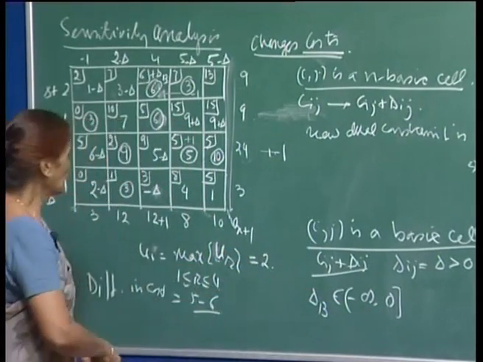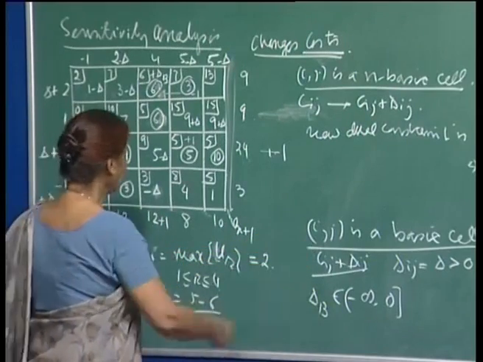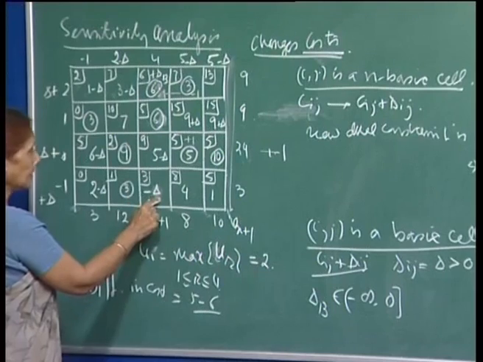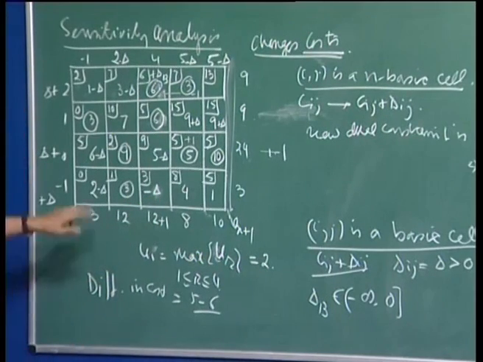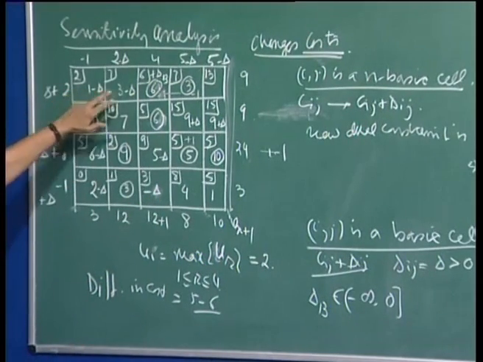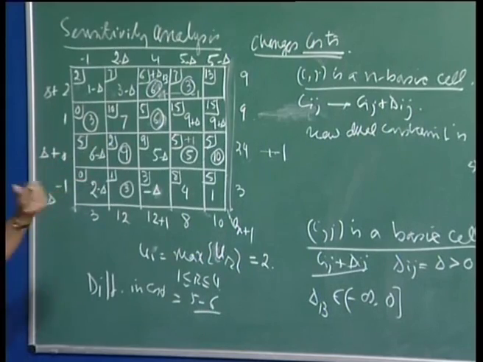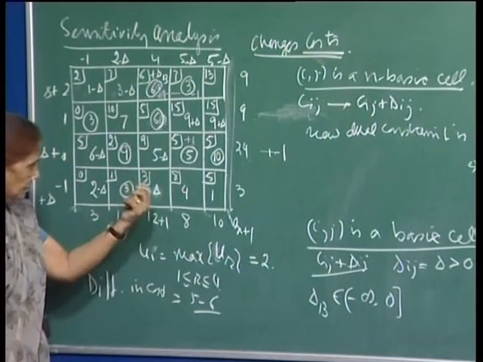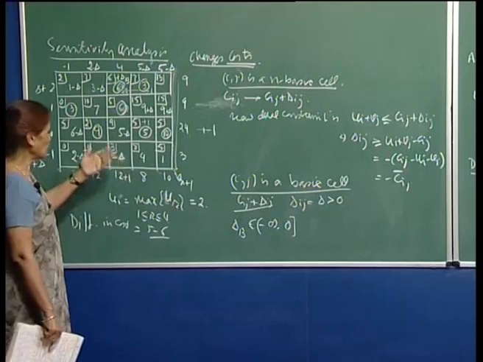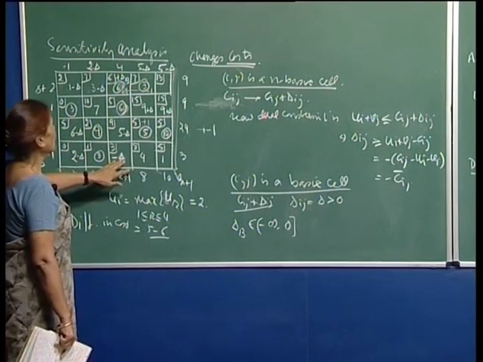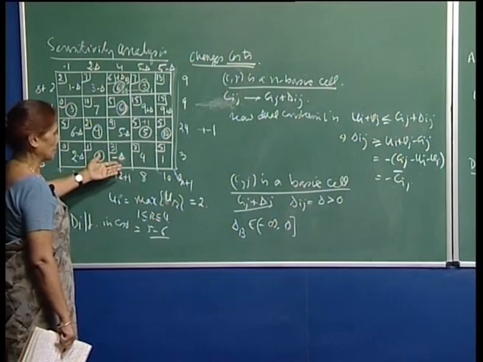And the moment your delta becomes positive, this is a negative number, and this will be a candidate for coming into the basis, because otherwise all other values remain non-negative for delta less than or equal to 1, delta less than or equal to 2, and so on. So, this will be the first variable to come into the basis, and you can then enter this into the basis and continue with your optimal solution.